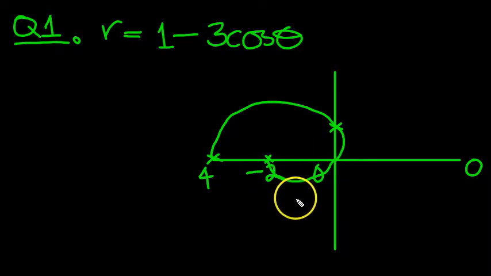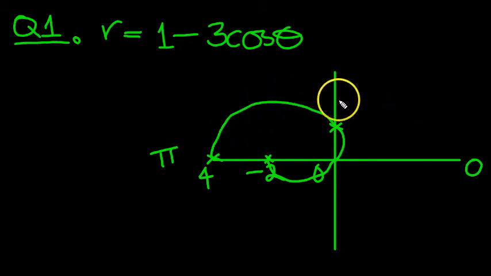Not drawn particularly well. Now the other thing to notice is that we've gone from 0 round to pi as an angle and drawn this shape here. But the nice thing about cosine is that if you went from 0 to minus pi and did the other half, these values of the cosine will be identical. So you'll get the same curve generated on the other side, the mirror image. Are you happy with that?